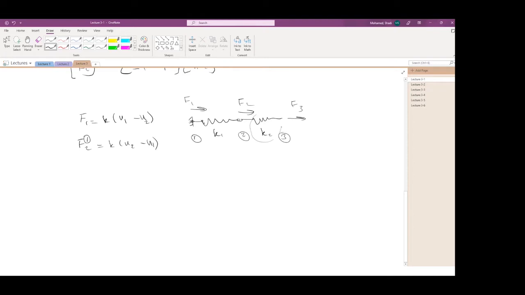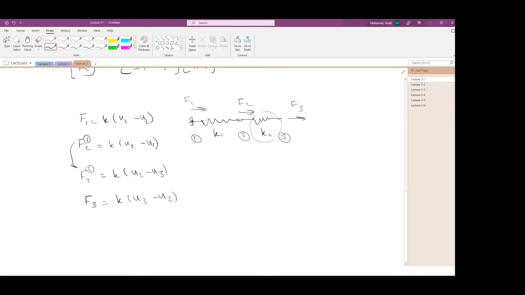The second spring here, we have F2. And this is F2 because it is coming from the second part, is equal to K multiplied by U2 minus U3. And if you look into the last node and the last force, F3 is equal to K multiplied by U3 minus U2.